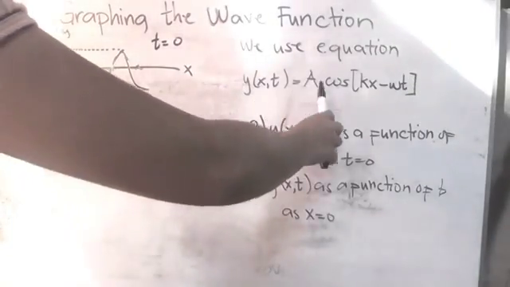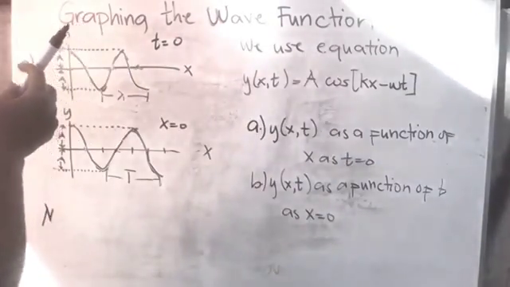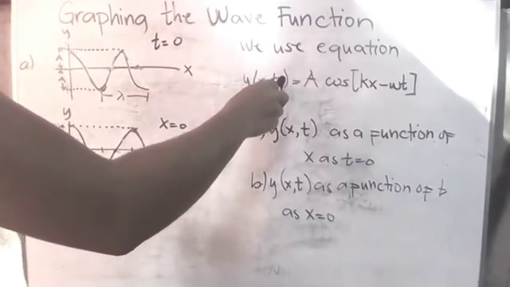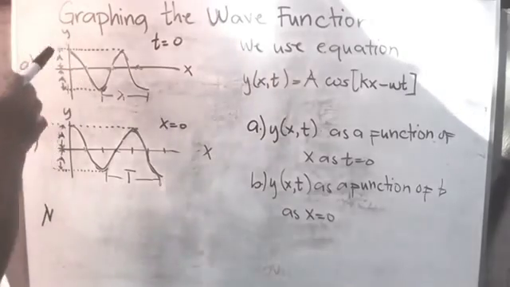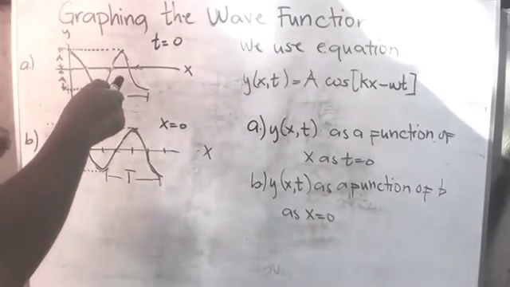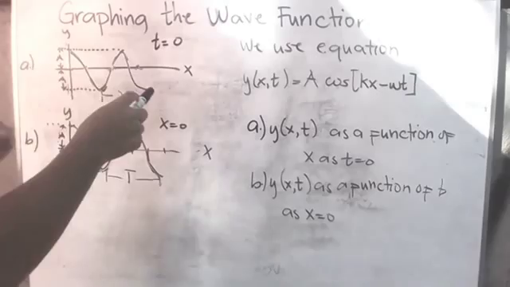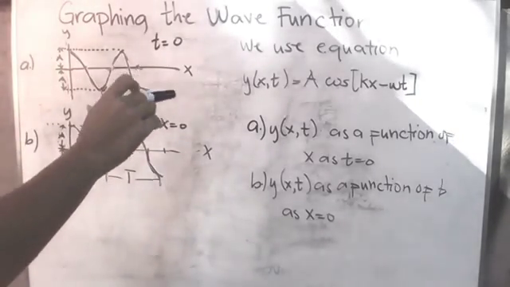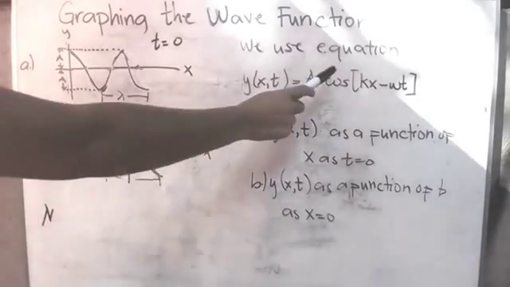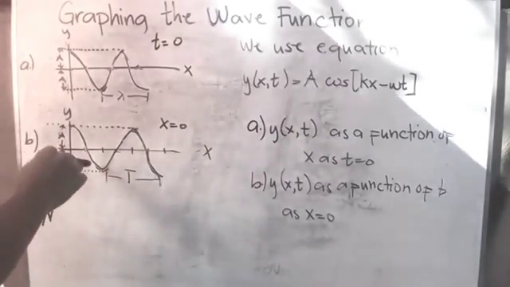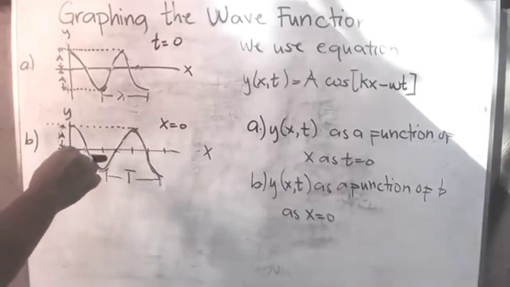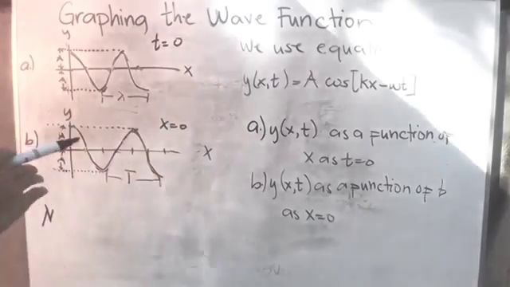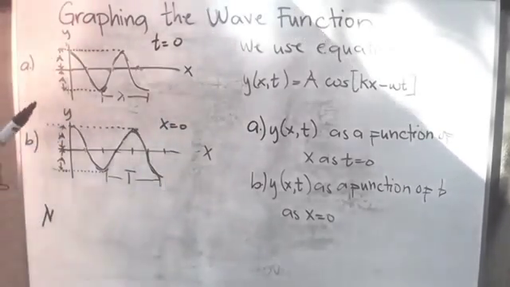If we use this equation to plot y as a function of x at t equal to 0, the curve shows the shape of the string at time equal to 0. For graph B, using the same equation, the curve shows the displacement of the particle at x equal to 0 as a function of time.